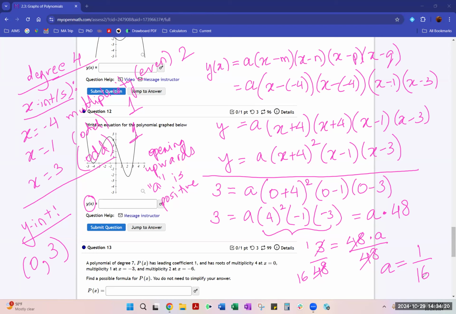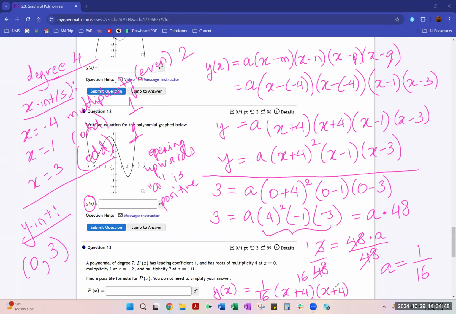It looks like I'm kind of running out of space here, so I apologize for this, guys, but I'm going to squish it down here. So your equation will actually end up becoming y of x equals, our a value was 1 over 16. And like I said, that will stay positive since the graph is opening upwards. And then our factors were x plus 4 repeated twice because it had the multiplicity of 2.